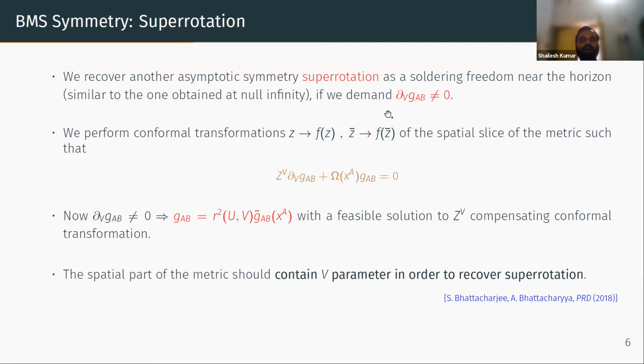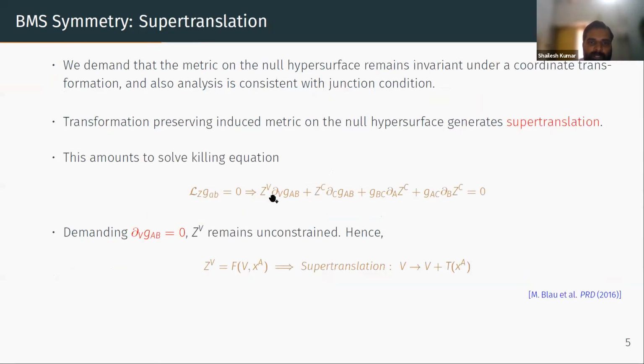So here we consider another condition, when the induced metric on the null hypersurface, the codimension 1 null hypersurface metric, this spatial part of the metric, will depend upon the V coordinate, and this will not allow us to have this particular freedom in the V direction, right?